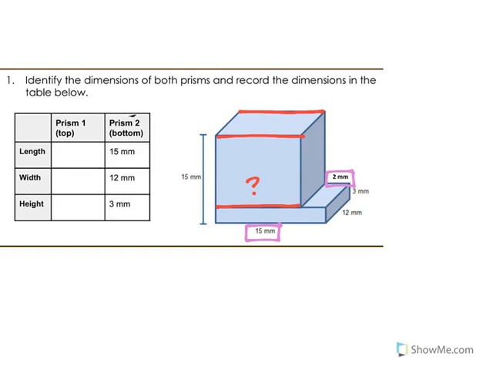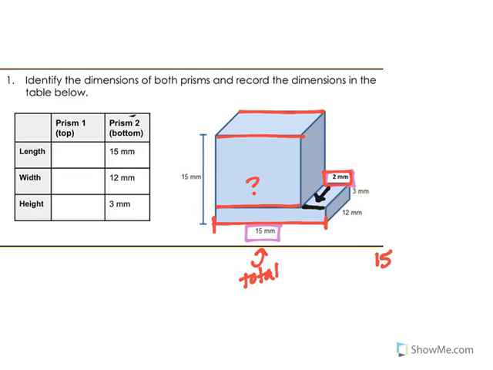Now, 15 millimeters, this length right here, is represented from here all the way to over here. This is the longest part of our figure, so this is what we're going to call the total length. Our total is 15. Now, we have a part of that total back here as 2 millimeters. That is a part of the total.